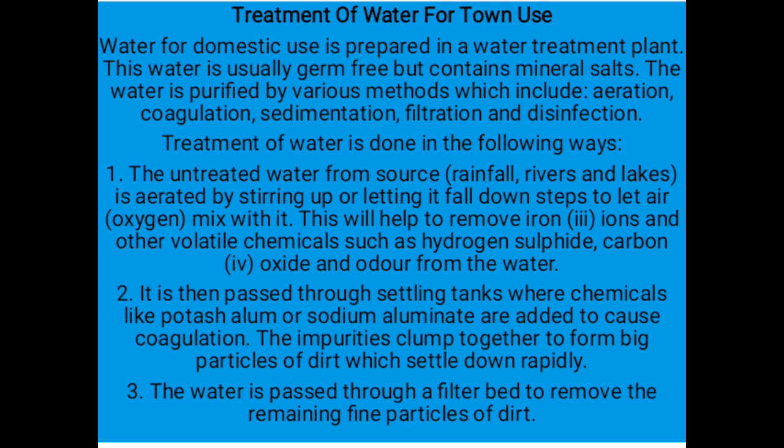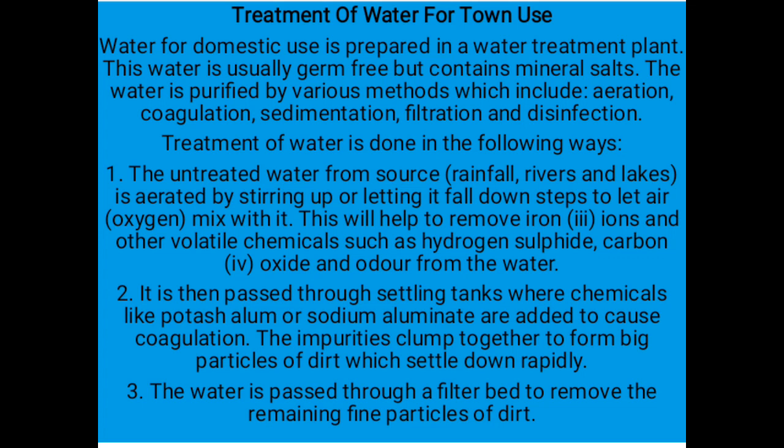Once you put alum inside the water that is dirty, the alum will collect all the dirt and form a ball-like lump. It will now settle down. That is the second method. We call it coagulation.